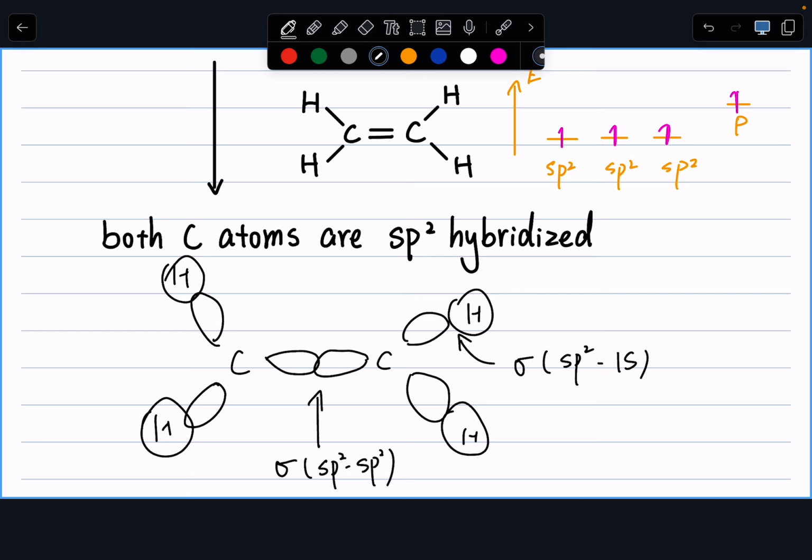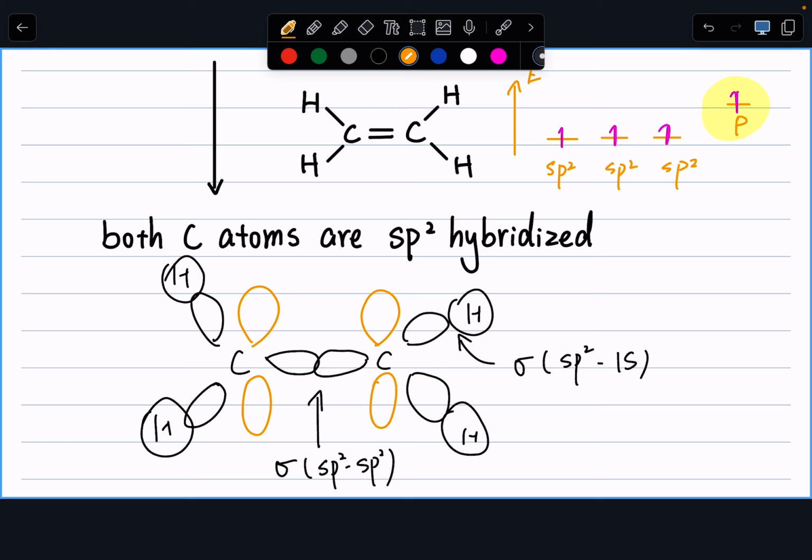However, on top of all these sigma bonds, we have another p atomic orbital that's singly occupied, ready to form another bond. That's where our pi bond comes from. That's a p orbital, and that's another p orbital.